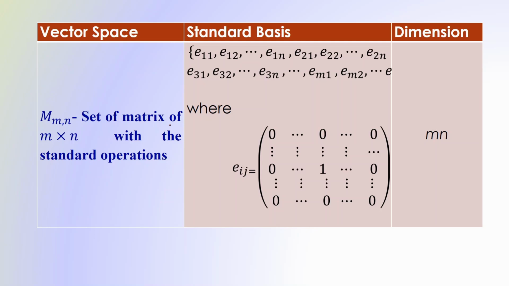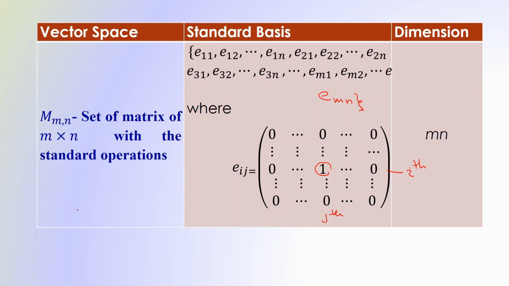In this case, the elements are E11, E12, up to Emn. Any Eij has 1 in the ith row and jth column position, and all other entries are 0.